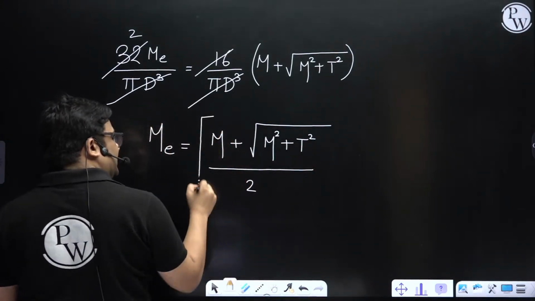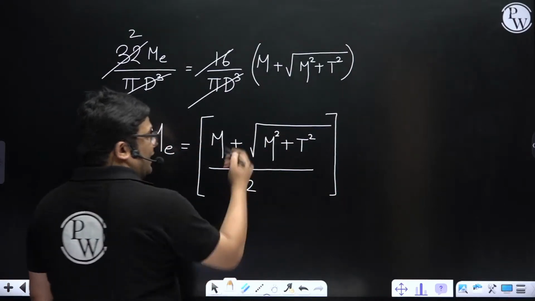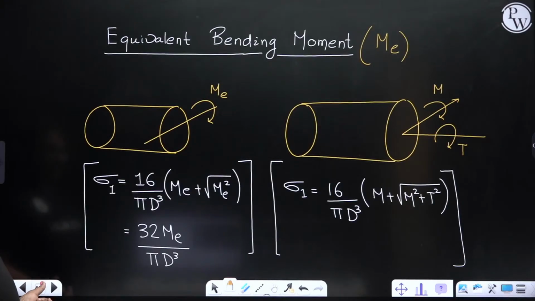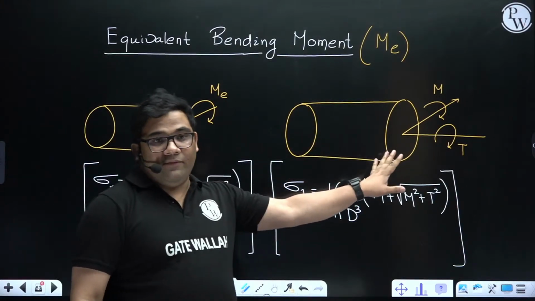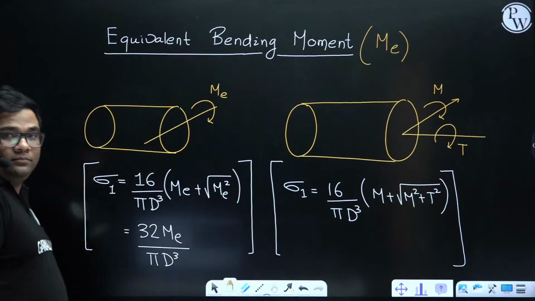That means if you apply a bending moment equal to this value, you will get the same major principal stress as you get for the combined effect of your bending moment and torsion.